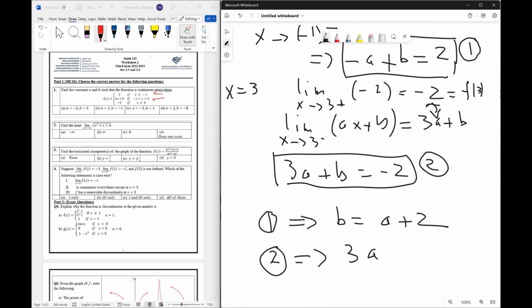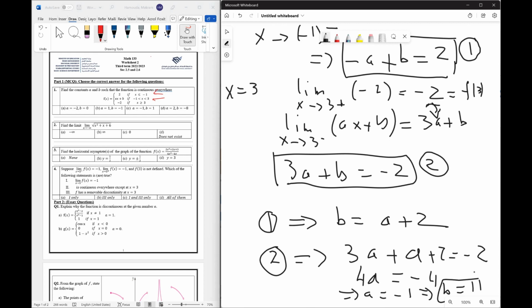So 3a plus a plus 2 equal to -2. Then this gives 4a equal to -4. That means a equal to -1. And if a equal to -1, this gives also b, because b is a plus 2. So b is equal to 1. And the answer here is, of course, C.